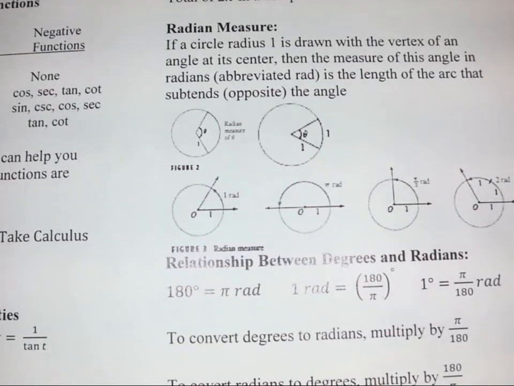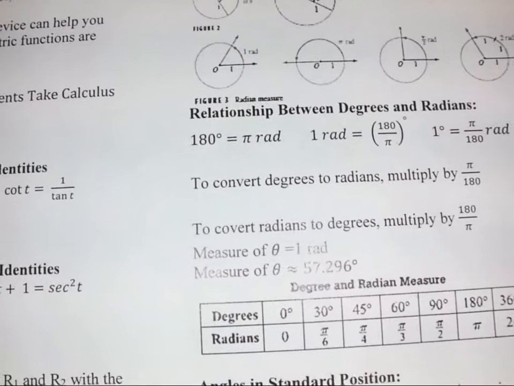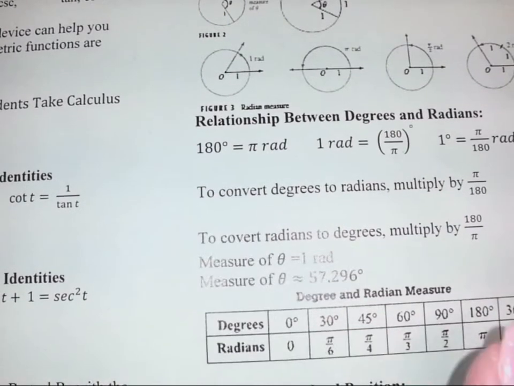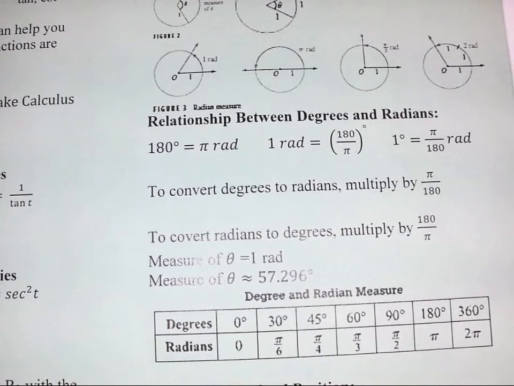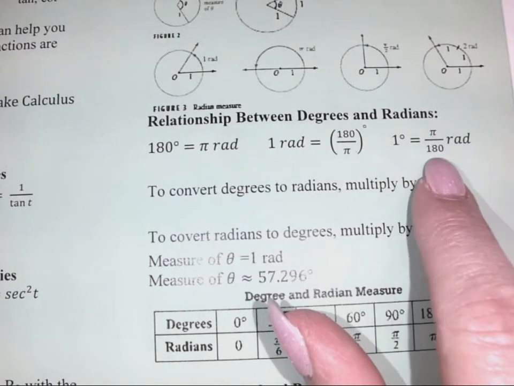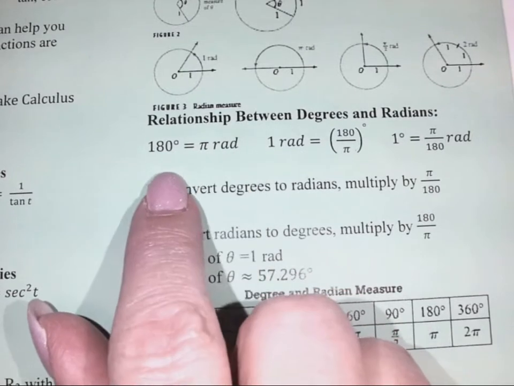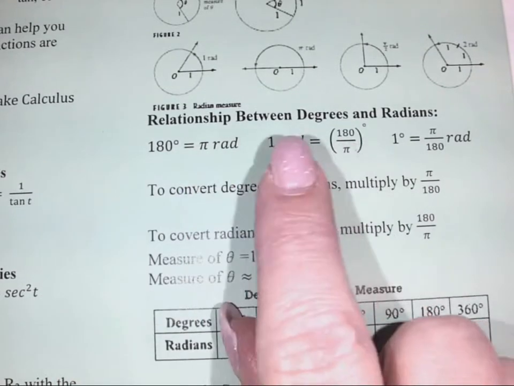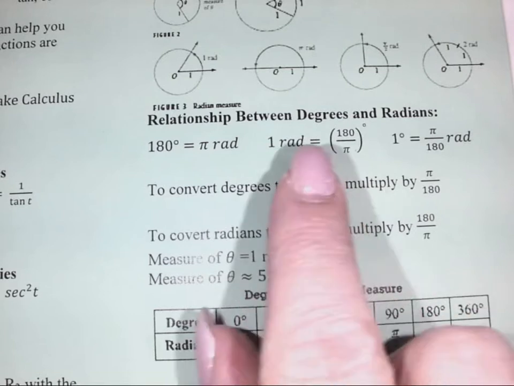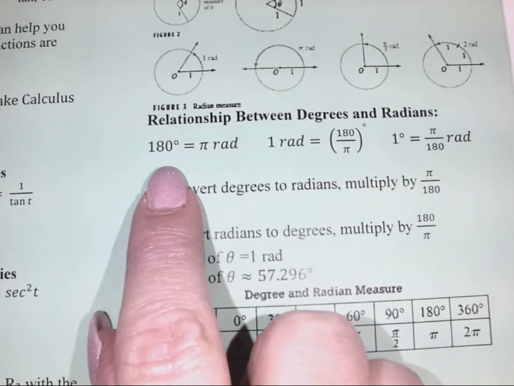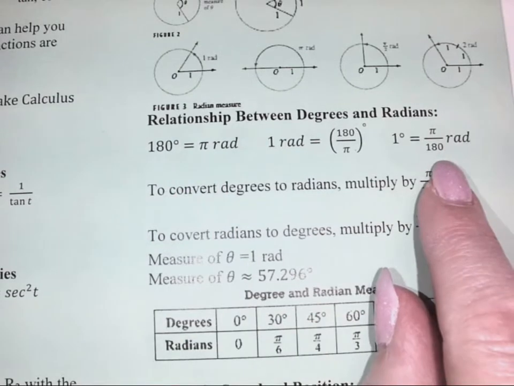All right, so here we have some relationships between degrees and radians. So 180 degrees equals pi radians, and 1 radian is equal to 180 degrees over pi. 1 degree is equal to pi over 180 radians. So if we divide both sides by pi, we end up with 1 radian is equal to this. If we divide both sides by 180, we get 1 degree is equal to pi over 180.